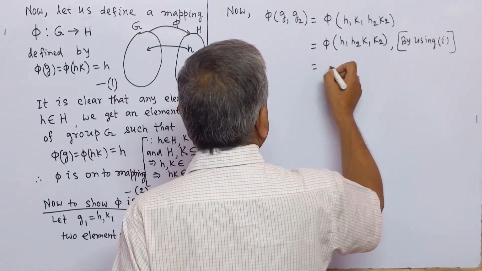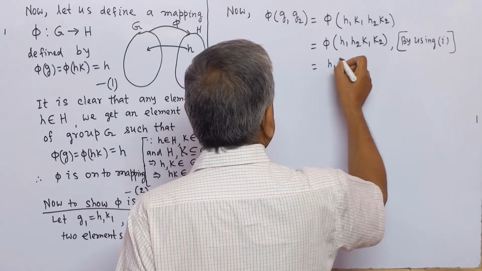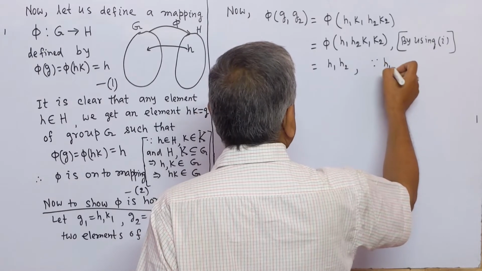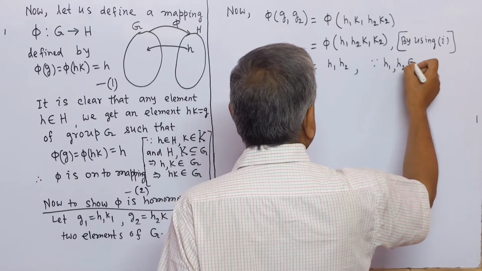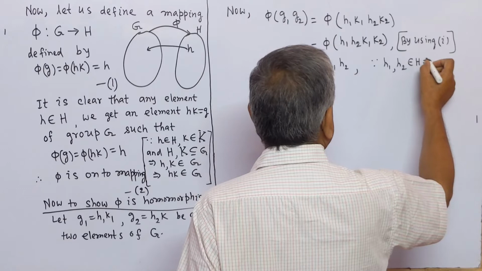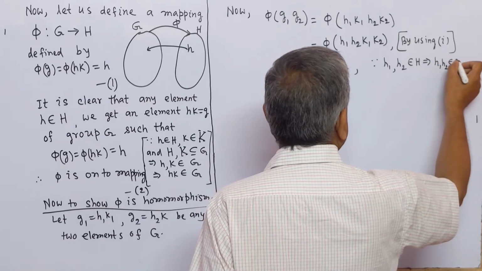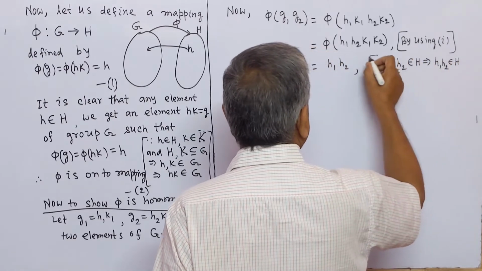And this equals h1 h2, since h1, h2 belong to subgroup H by the closure property.